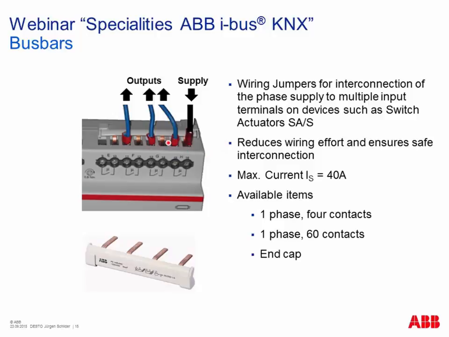You can use any jumpers as well, any wires, but you can also use these bus bars, and then it's very simple and very well connected to the next relays with the same phase. Available in different versions, different number of contacts, nothing special or new, but also usable for KNX actuators, for example.